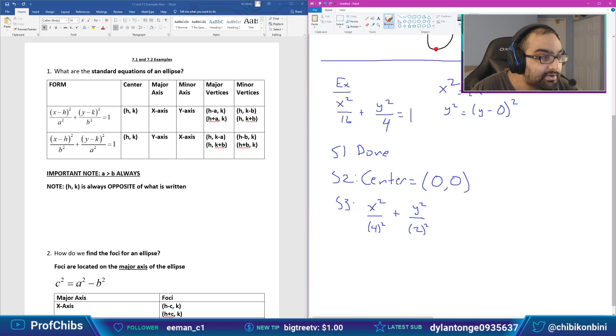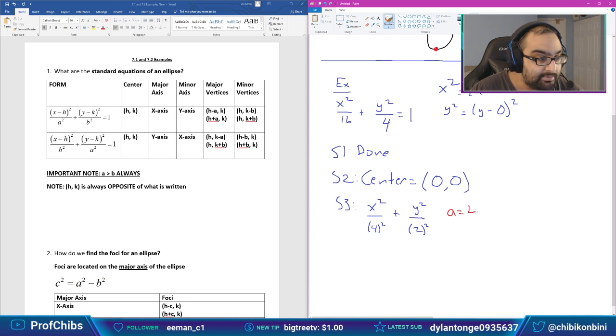So I need to identify my A and B. Now, to identify my A and B here, remember, the note says that A is always bigger than B. So A is going to be the bigger number, and B is going to be the smaller number. That's always how it's going to be, no matter what. For these parts, it's always going to be the same.